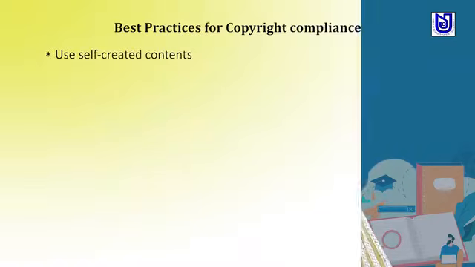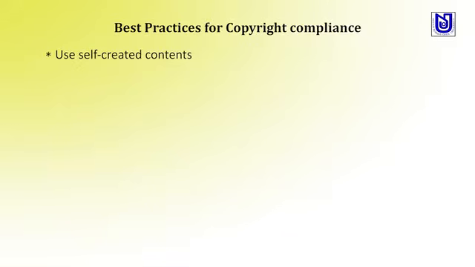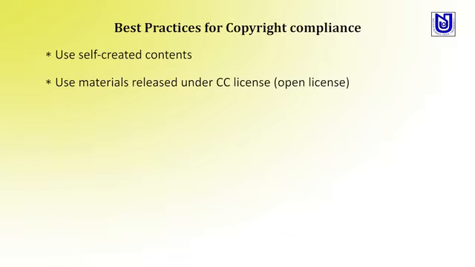The second part is the publication. So, while you publish any document, any research findings, you must follow the copyright laws. So, always use self-created contents. You may use the material released under CC license or open license.